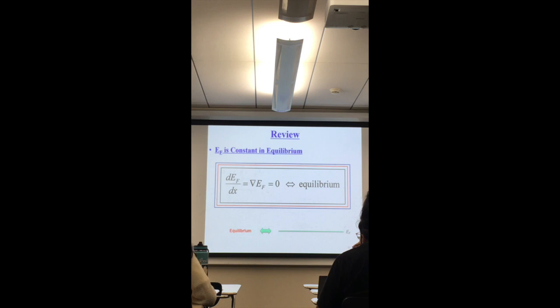Also, we discussed the Fermi level in equilibrium. If the system is in equilibrium, then the Fermi level must be constant. It does not change with position. So we can draw this horizontal line for the equilibrium case.